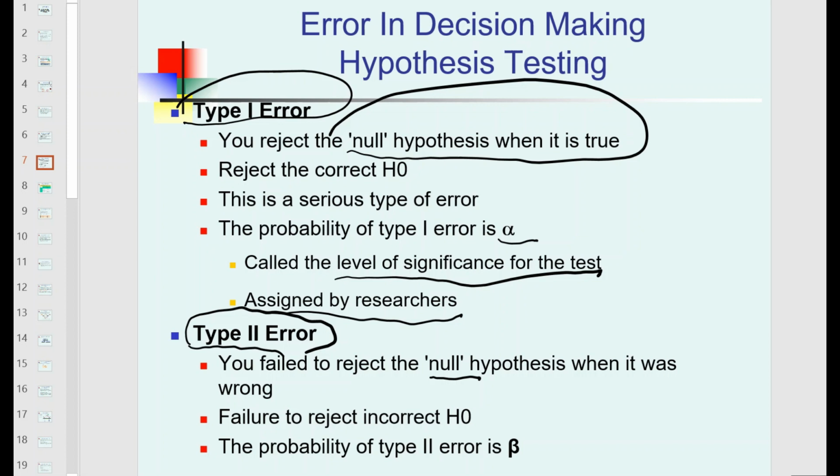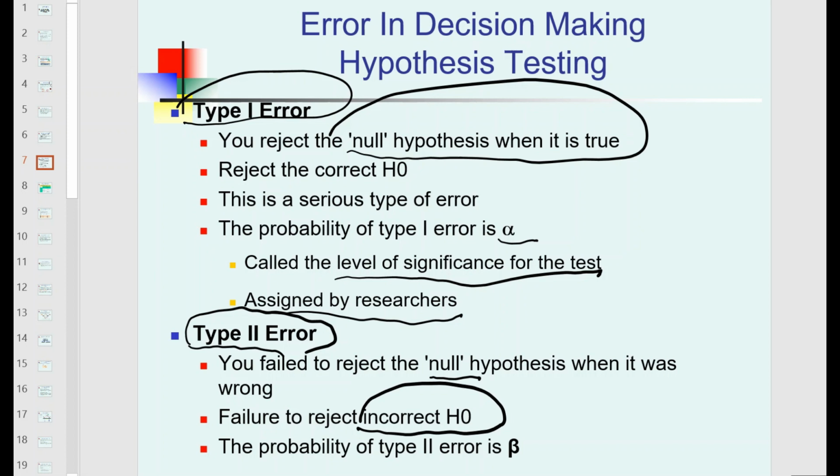After you perform the hypothesis testing and get the value, actually we need to reject, which means the average screw diameter is actually not equal to 30. But you fail to reject the null hypothesis when it was wrong. So this is a type 2 error.